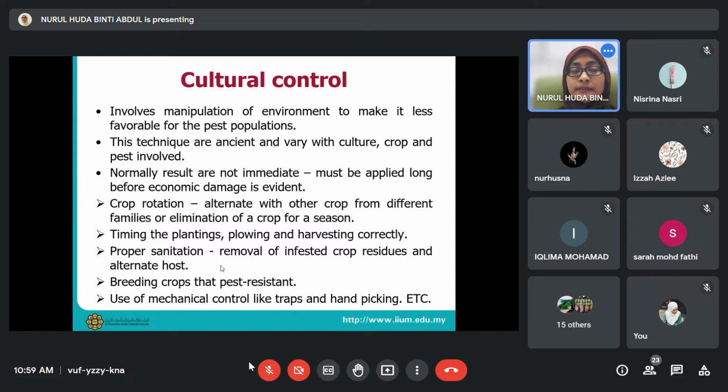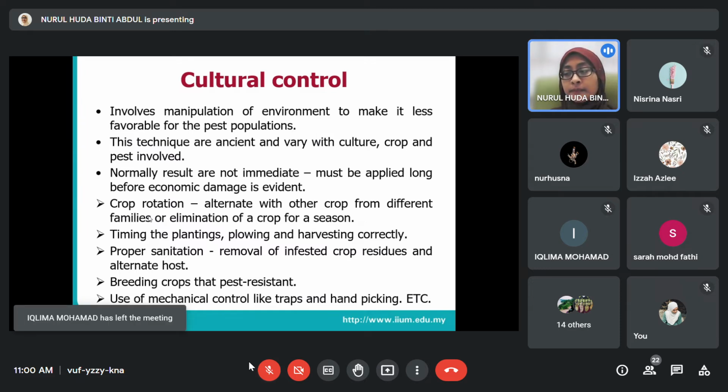Usually we start before any progress happen lah dekat our crops, okay. And for example, we can do a crop rotation. This is an example. Crop rotation maksudnya kamu alternate with different families of crop for certain season, okay. And then you can do timing of planting, plowing and harvesting correctly.